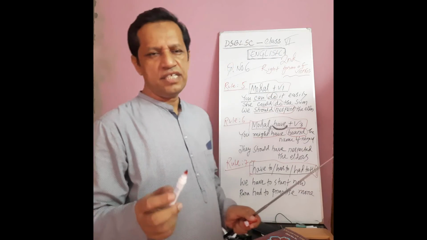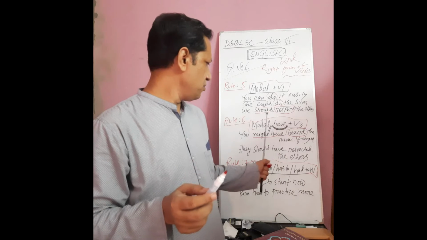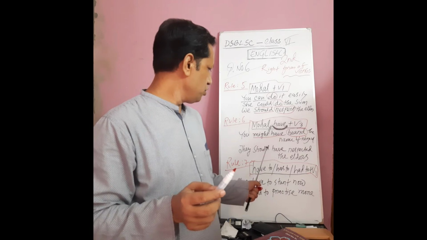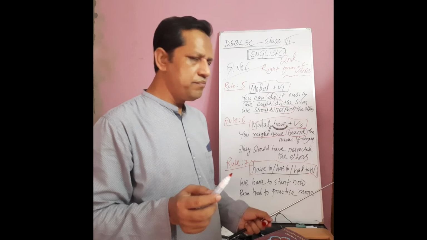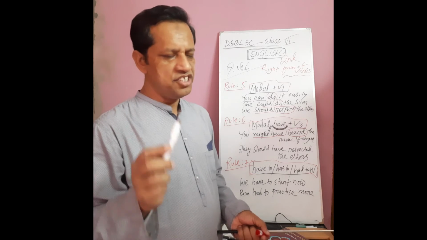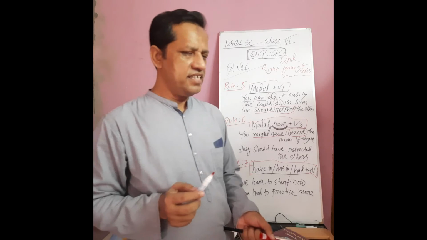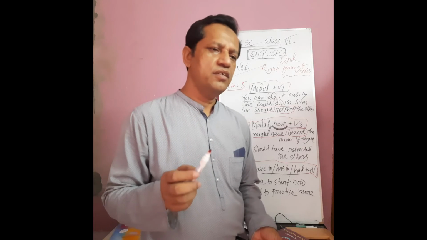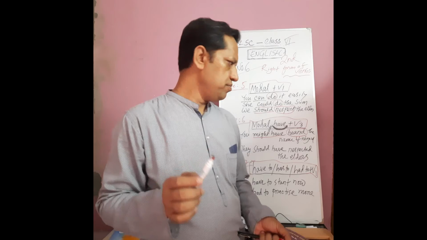So it is clear to us that when you get might have, should have, could have, may have, shall have, will have, this type of modal, then you have to use V3 form of verb.